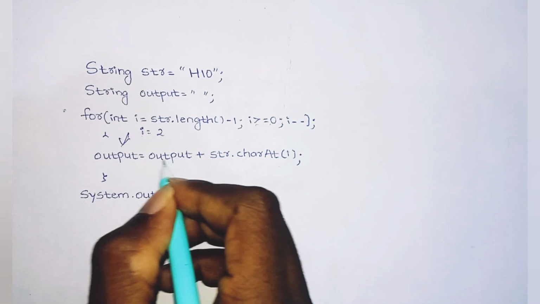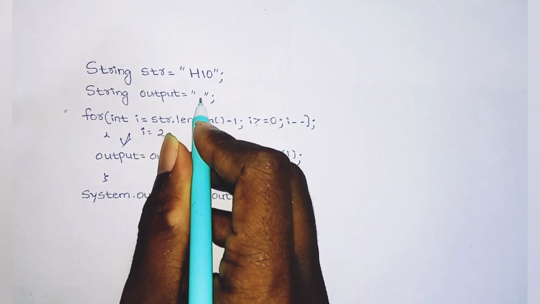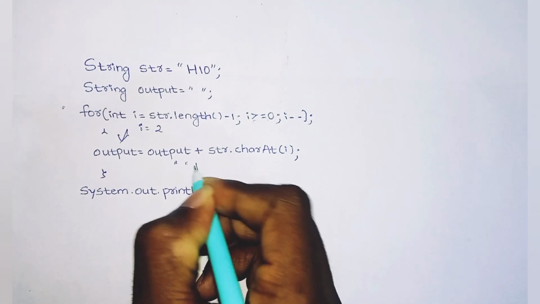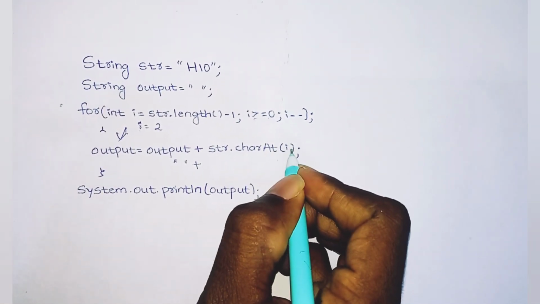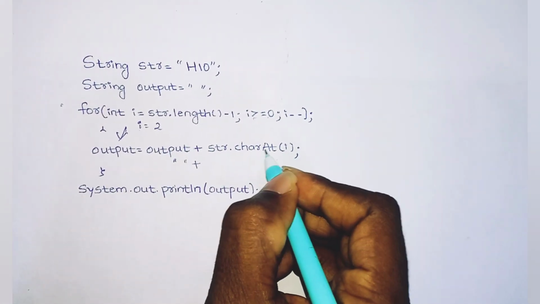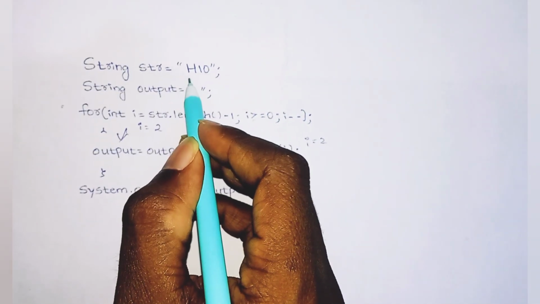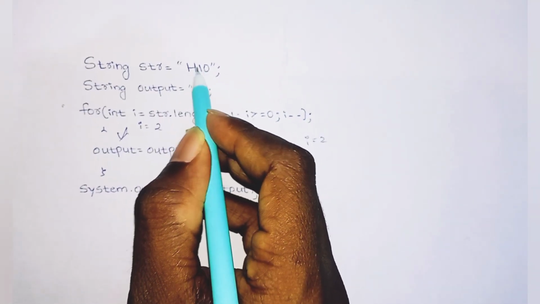Here, output is initially an empty string, so the empty string plus str.charAt(i). The i value is 2. What do we have at index 2? 0, 1, 2, because index starts with 0.